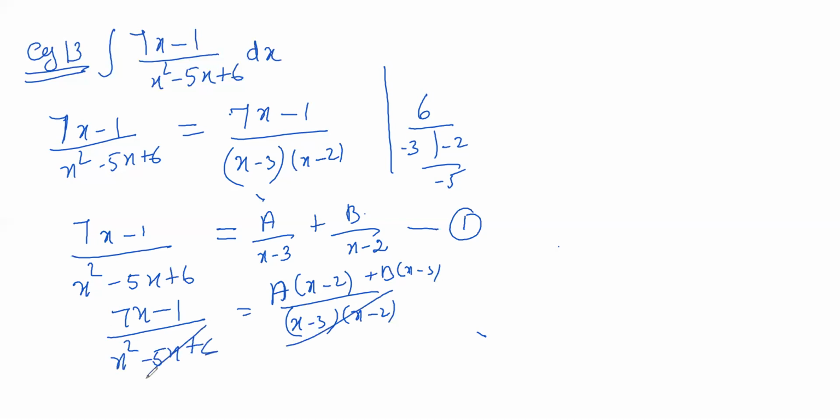These two get cancelled, so that we'll get 7x minus 1 is equal to a into x minus 2 plus b into x minus 3, right? Taking this one as 2.